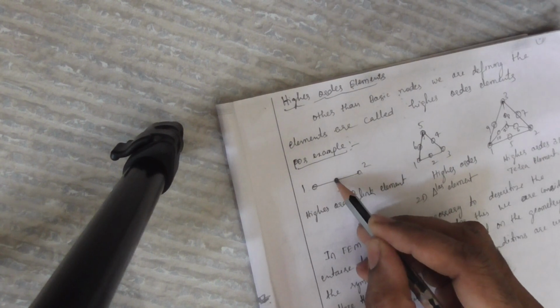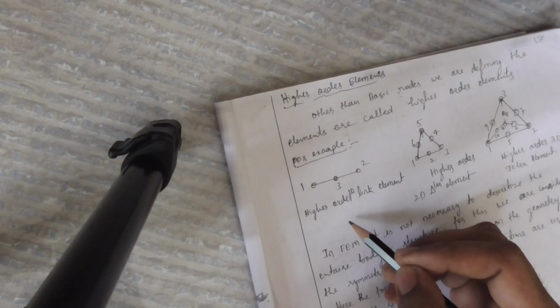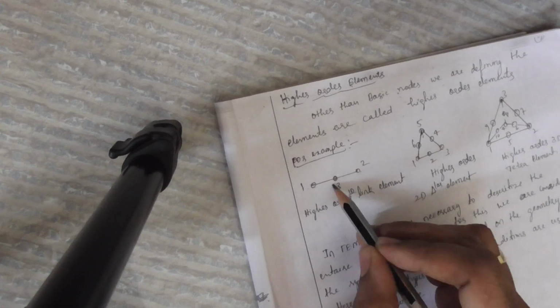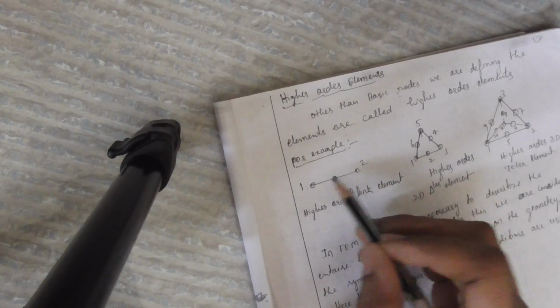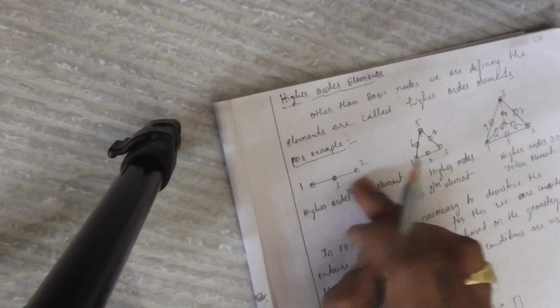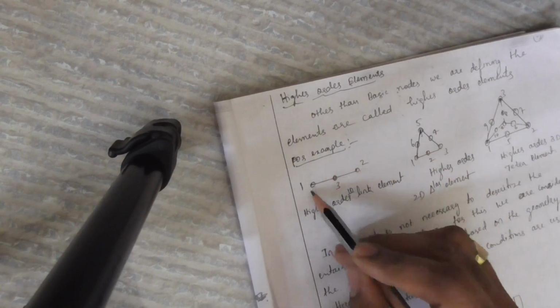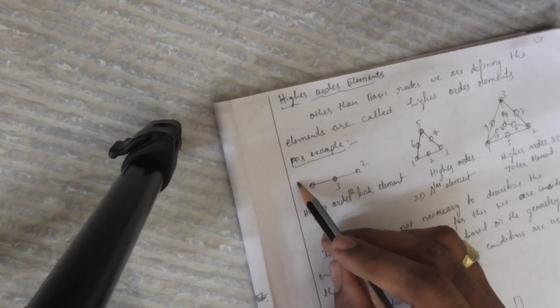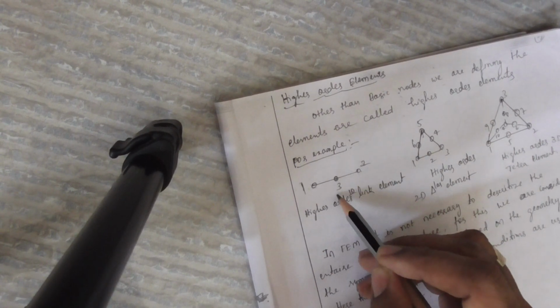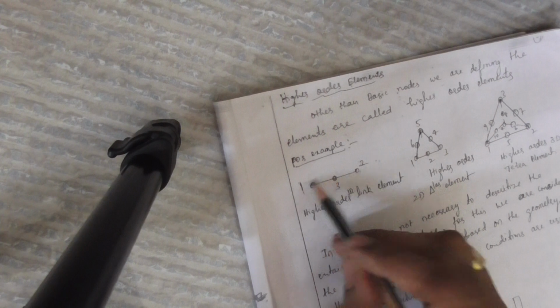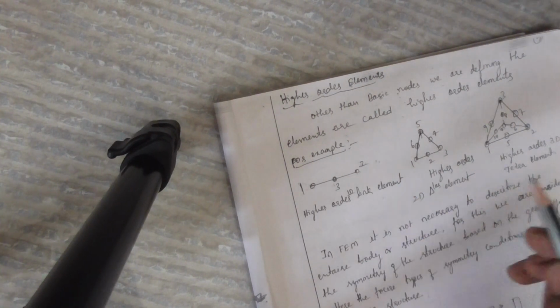If you introduce a middle node, this becomes a higher order element, 1, 2, 3. Entire this is one element, not two elements. There is only one element with 3 nodes, so the numbering scheme is 1, 2, 3. This is a higher order link element.